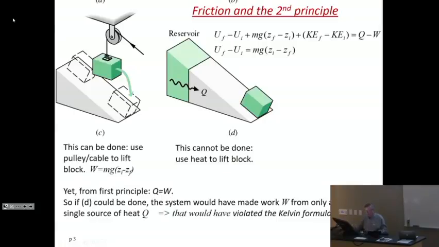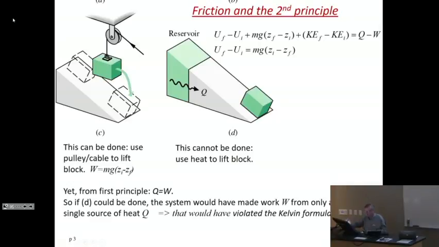So why? Let me now relate this intuitively obvious statement to the second law. If that could be done, the system could have done work from only a single source of heat, Q. Namely, I could have taken the system here, put heat into it, made somehow the block go up magically, and then taken that block with my pulley and brought it back down, which would have given me work on my pulley.